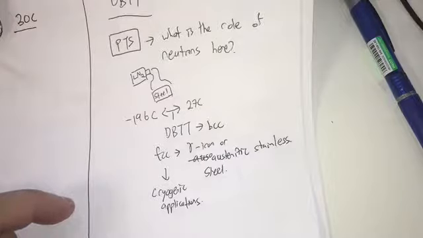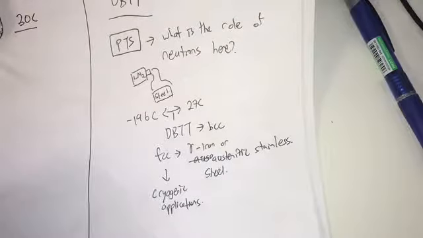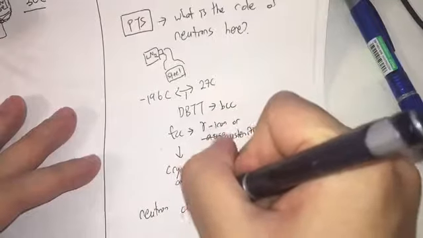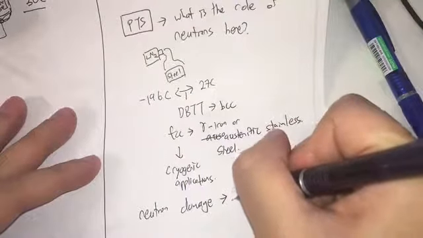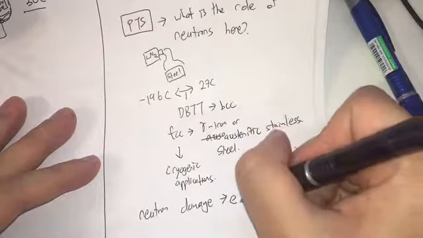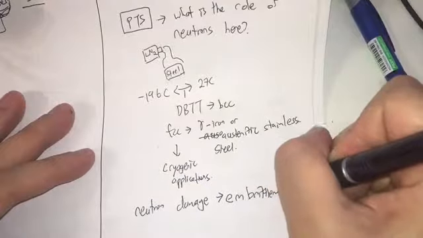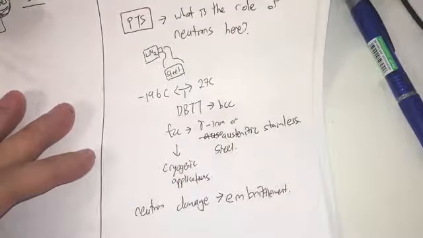So anyway, back to our discussion about neutrons. We know that when there's neutron damage, one of the primary effects we are concerned about is embrittlement. That means at the same temperature, for example room temperature, the same material becomes more brittle.